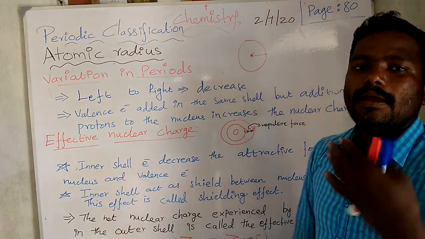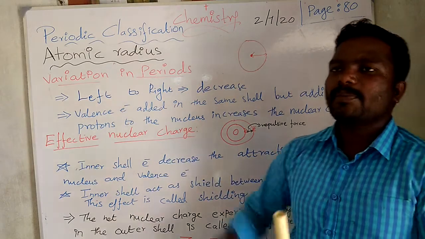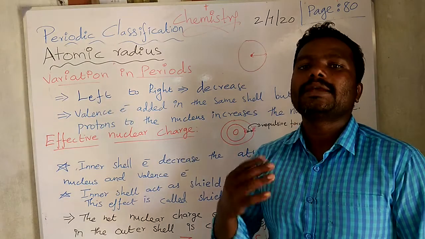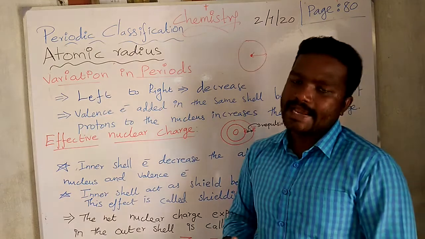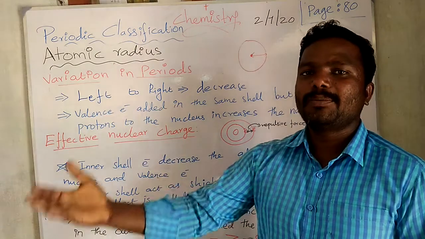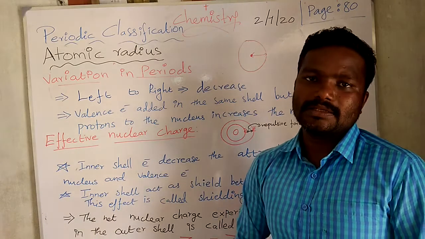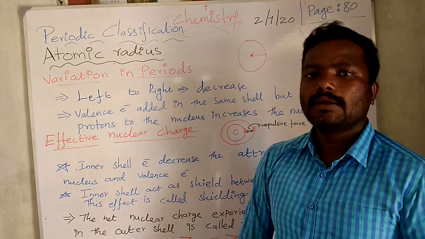In a period, all elements do not have the equal size; they have dissimilar sizes. From left to right, the size will decrease. What is the reason? All those things we are going to see today.